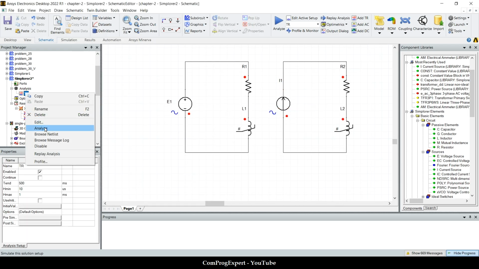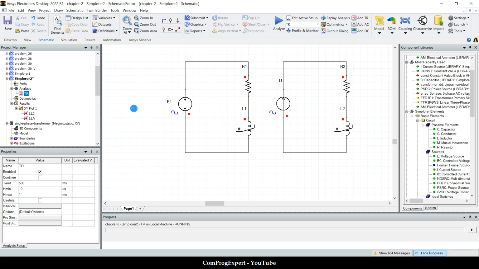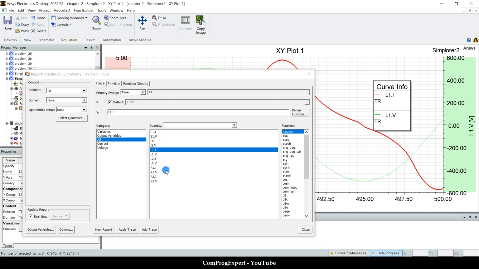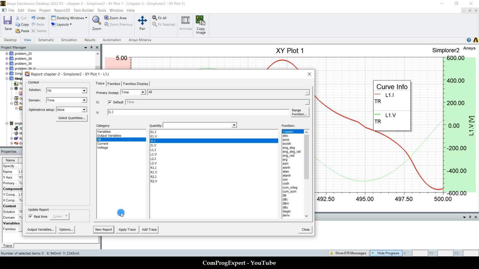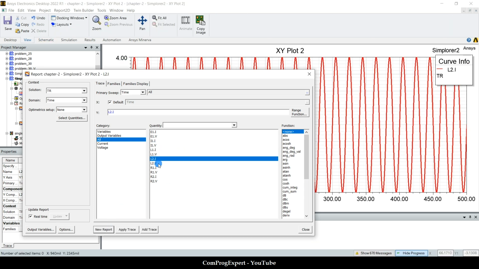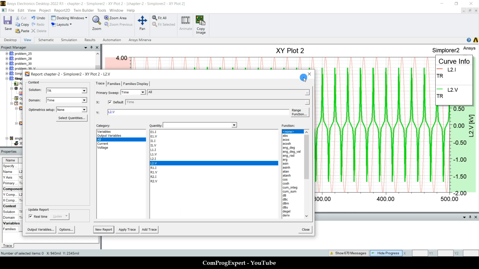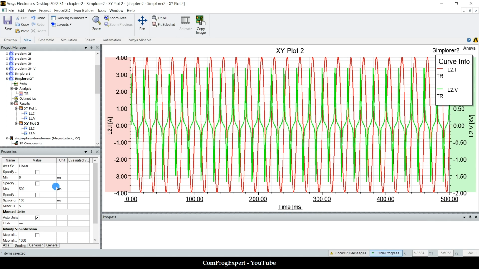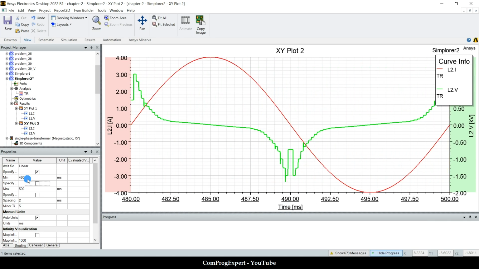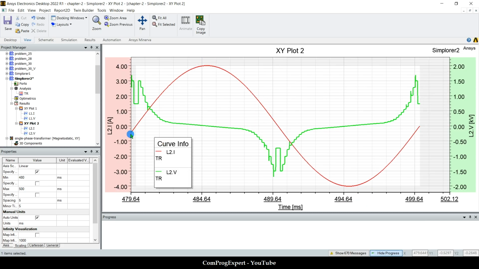So let's analyze the simulation and plot the waveform of the current of the inductor 2 and the waveform of the voltage. Perfect. So here, in this case, we apply a sinusoidal current, but we have a non-sinusoidal voltage.